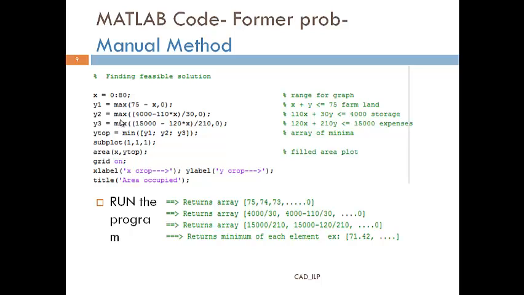Now y top is given, that is, after the maximum of all these constraints is formed, we have to obtain whether the selected point is in the feasible region, that is, that point satisfies all these three constraints. That is what this y top means.